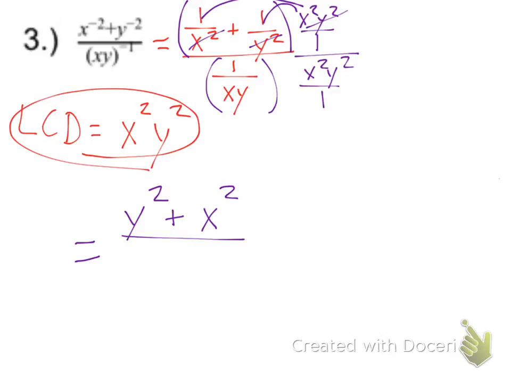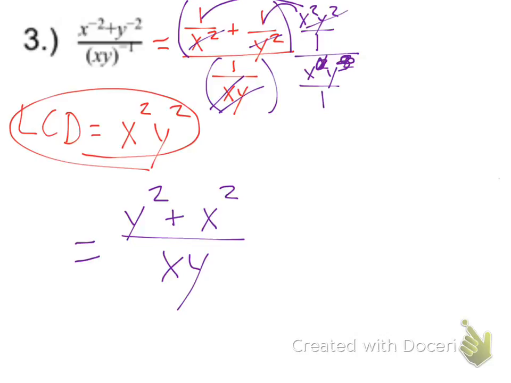Moving to the bottom, what can cancel here? Because I have x squared y squared on top and an xy on the bottom. 1 x and 1 y. So an x and the square cancel. A y and the square cancel. So I'm left with what on the bottom? X, y.